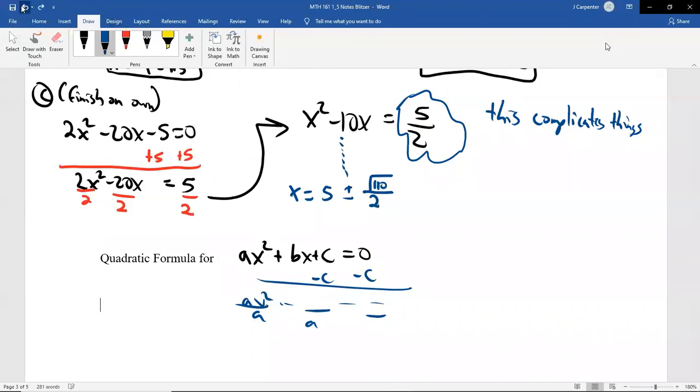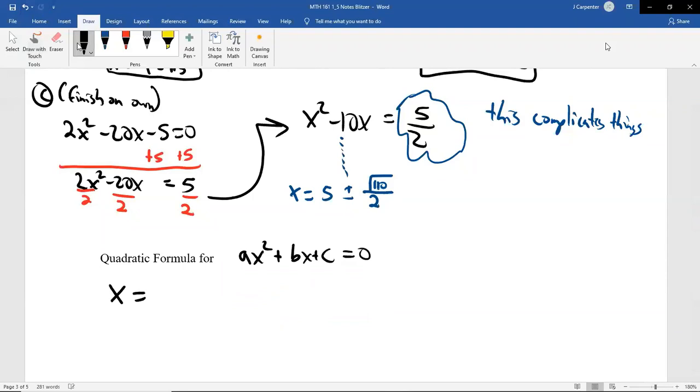But if you keep doing that, and then the halving of the thing and the squaring of the thing, what you will end up with is the quadratic formula, x equals negative b plus or minus the square root of b squared minus 4 times a times c, all divided by 2a.